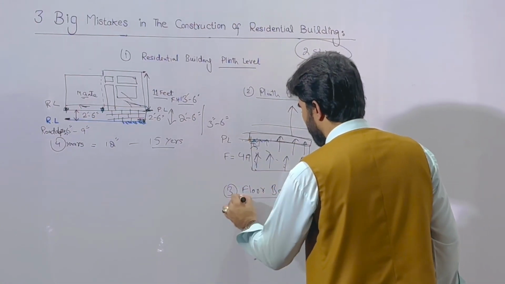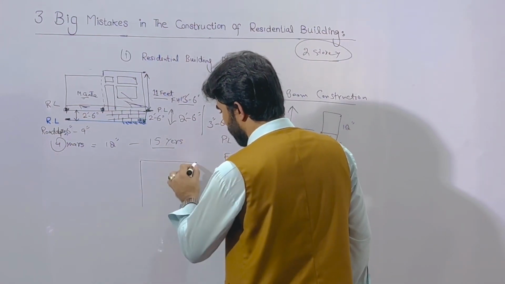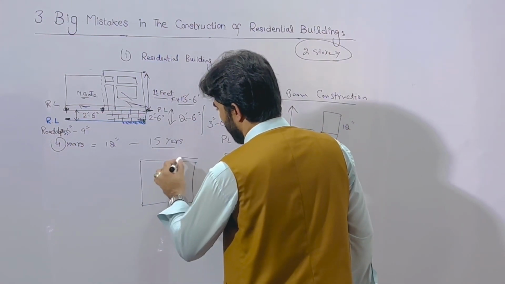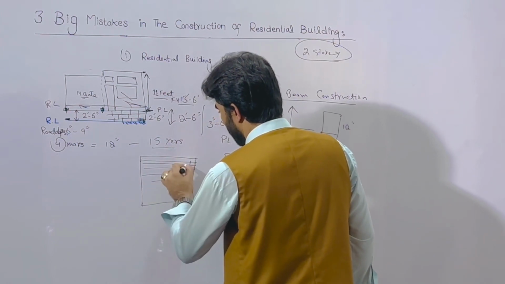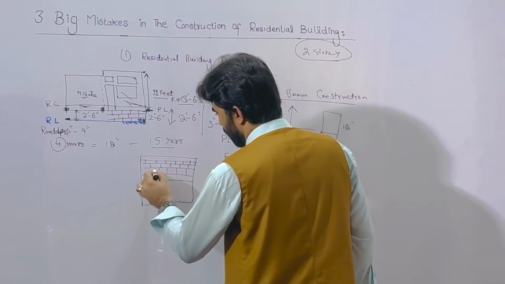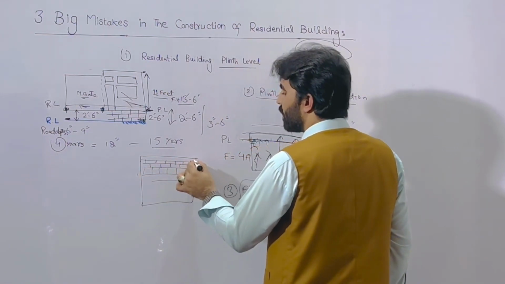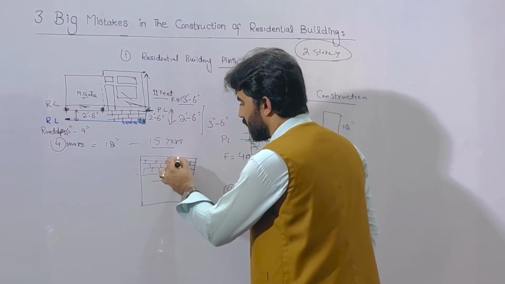Why is it important? Suppose this is a house front elevation and this is the slab. Okay, this is brick masonry. On the top of the columns, when you directly place the slab, this is an RCC slab.